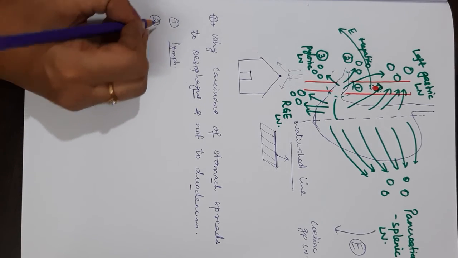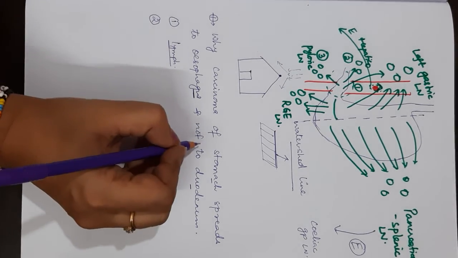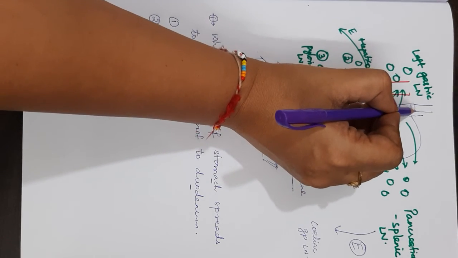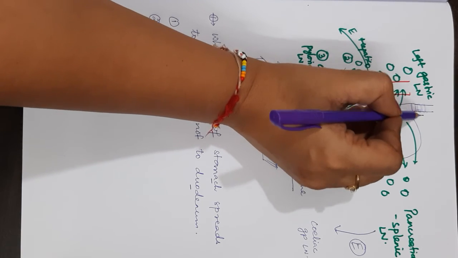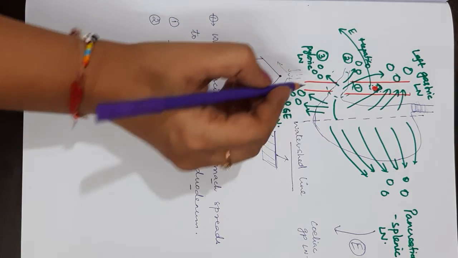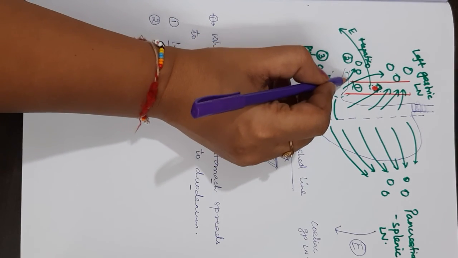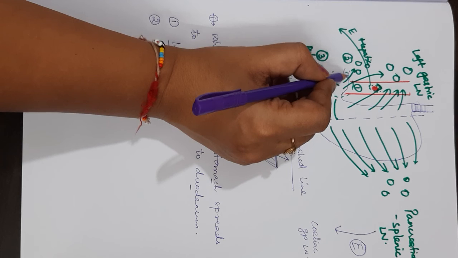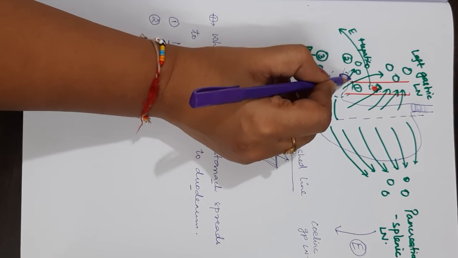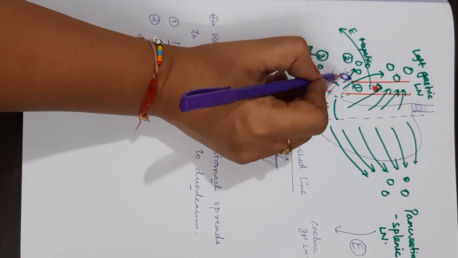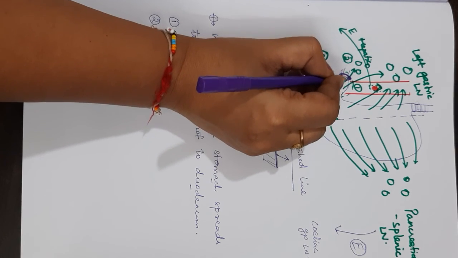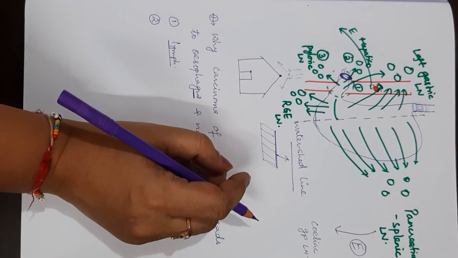The second important reason is, at the cardiac end, the circular muscle of the stomach is continuous with that of the esophagus, so there is no anatomical sphincter present at the cardiac end, whereas at the pyloric end, the circular muscle of the pylorus thickens to form an anatomical sphincter, which also gets a few fibers from the longitudinal muscles of the pylorus.